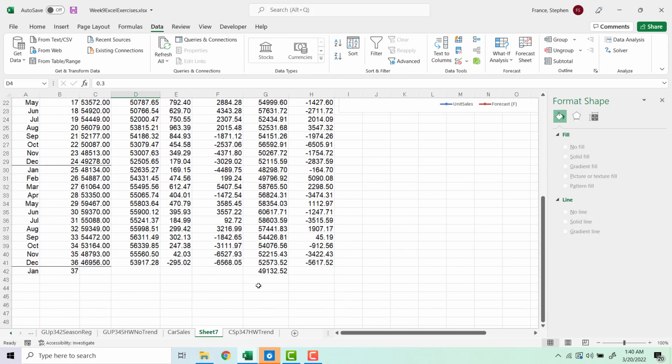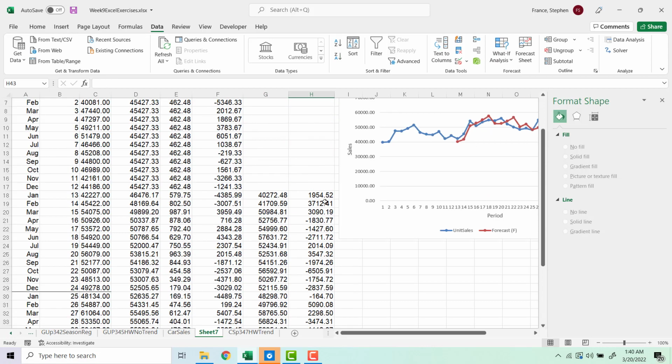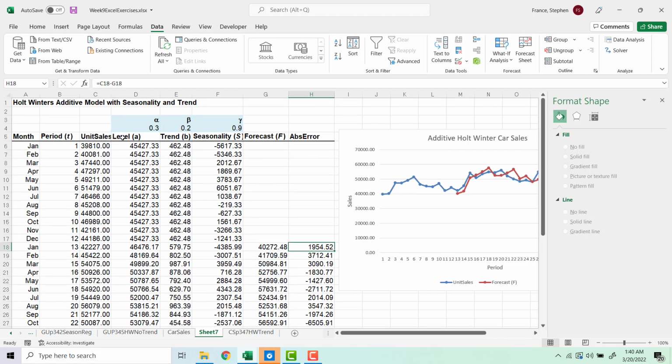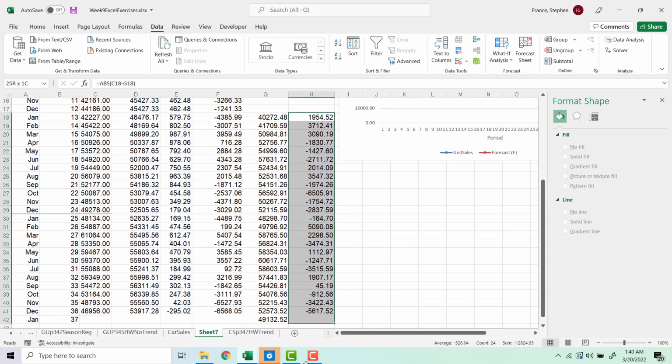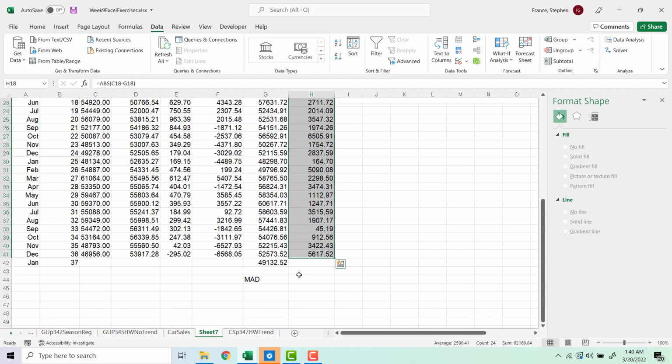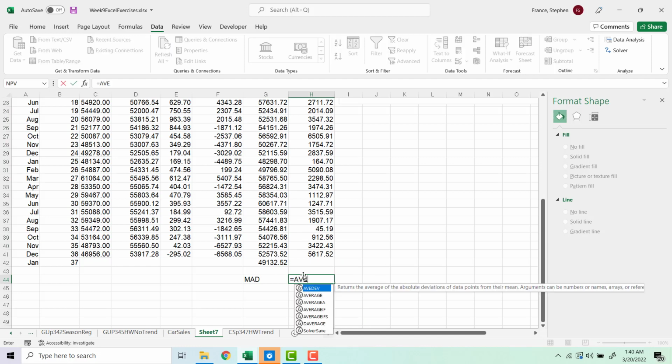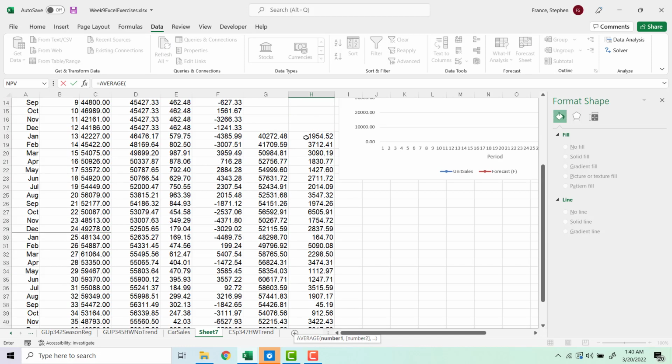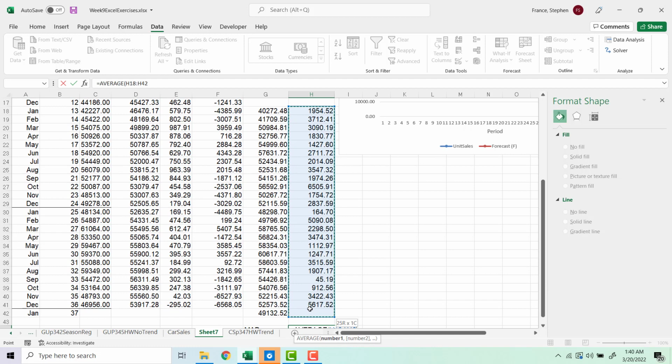And so let's just call it the mean absolute deviation. And actually, I called this the absolute error, so I really should use the absolute error rather than the error. So I'm just going to drop this down, Control D, and the mean of this value is just going to be the average.